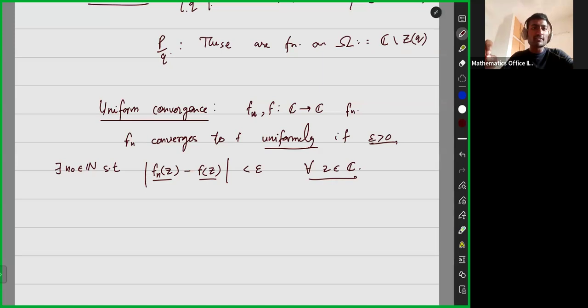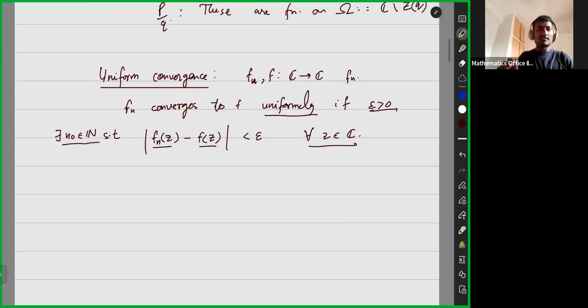We say it is uniformly convergent if the same n naught works for all z, because if you change the z, epsilon is fixed, but n naught will change. Maybe after the 100th step, Fn(z) and F(z) are epsilon close, but for a different z it may be a different n naught. So we say uniformly if it is common for all z. This is different from pointwise convergence.